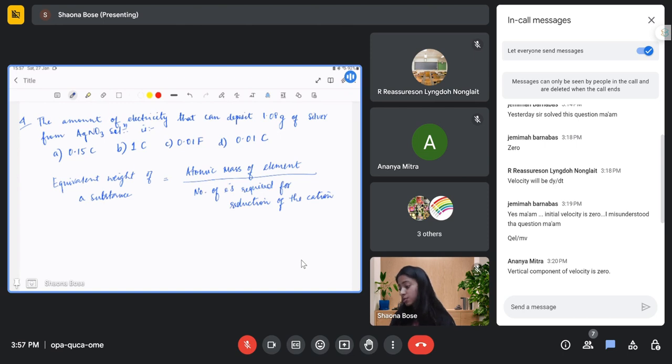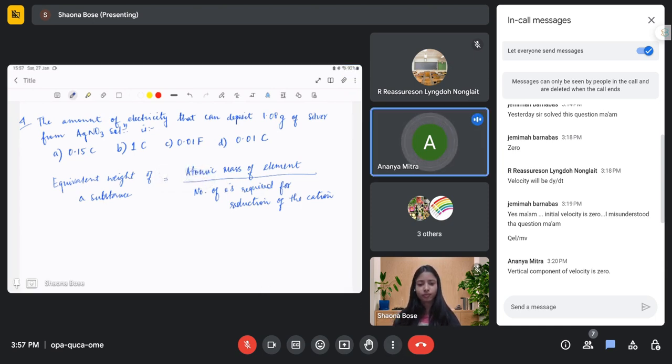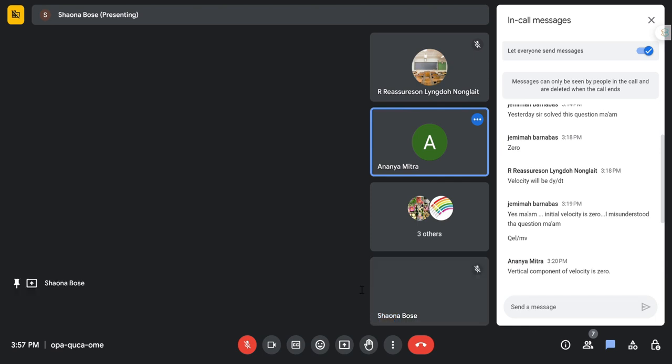So yes, are you trying to solve this problem? What is the amount of electricity that can deposit 1.08 gram of silver from silver nitrate solution? Is it option D, 0.01 coulomb? Yes, you're right. How did you solve it? M varies as Q. So M equal to EQ.